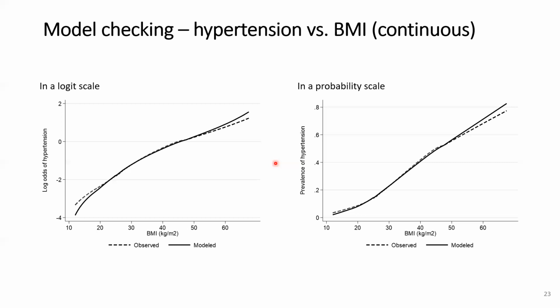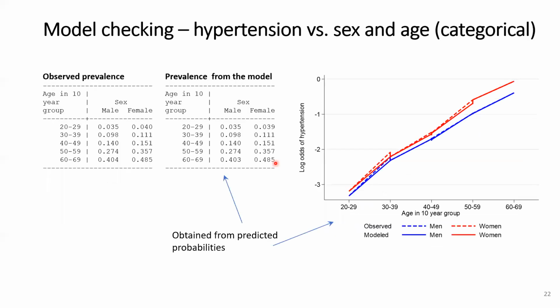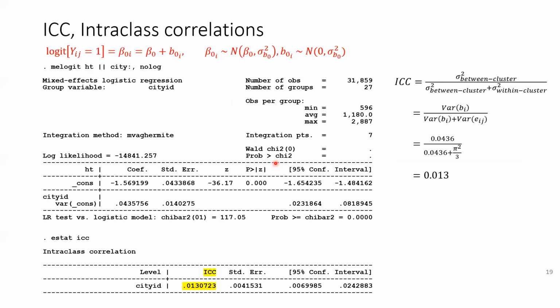Uriel? Well, I actually had a comment about the ICC that you showed. In logistic models, we usually show the MOR, the median odds ratio, instead of the ICC.